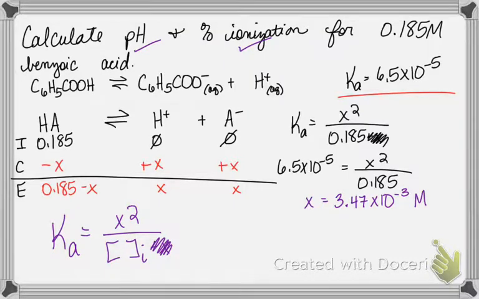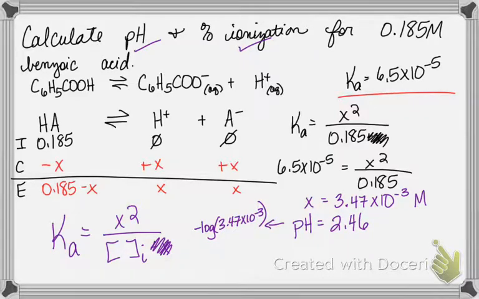Again, X is the hydrogen ion concentration, so pause it and figure out your pH. pH is simply the negative log of that number. Do you guys get 2.46? Again, that's the negative log of 3.47 times 10 to the minus 3.